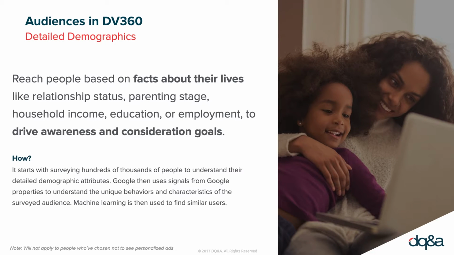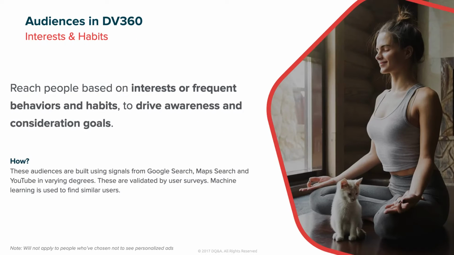Google then uses signals from its properties to understand the unique behaviors and characteristics of the surveyed sample, and then applies a machine learning model to find similar users of this audience. With interests and habits, you can reach people based on interests or frequent behaviors and habits. These audiences are built, again, using signals from Google Search, Maps, and YouTube, and then validated by surveys and machine learning.